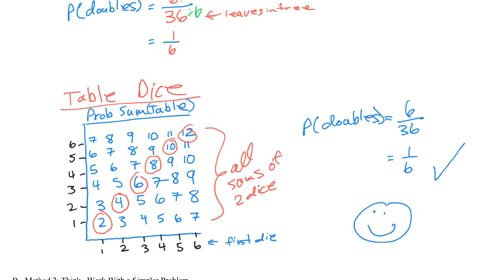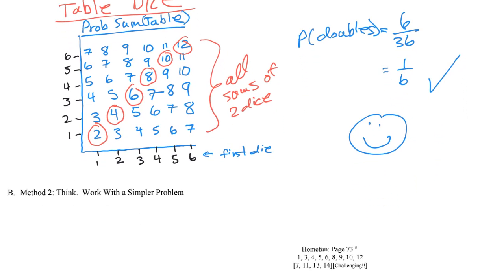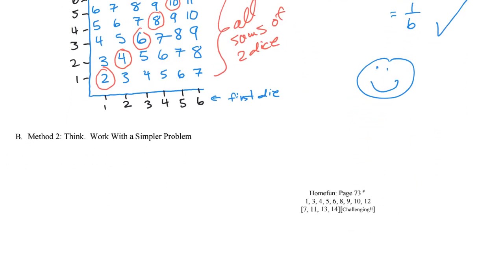So here is method 2. Method 2 involves us thinking about how we could work this problem a lot easier. Okay, so think of the probability of doubles happening, right?